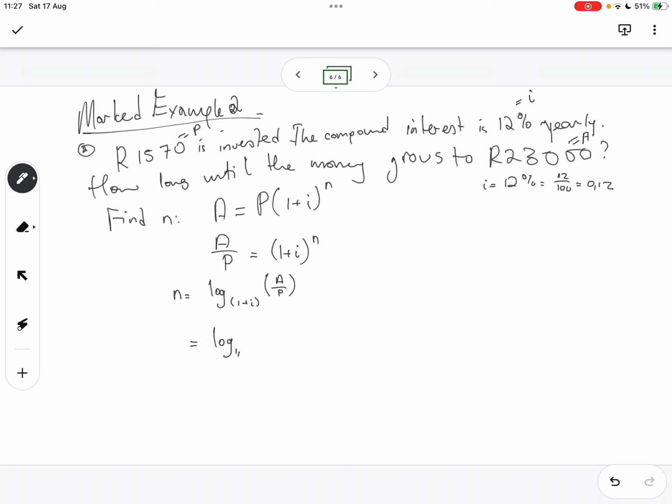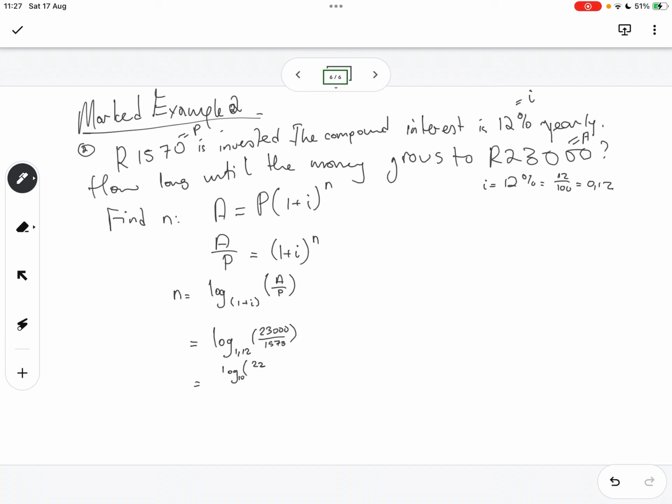Then what I will have is log to base 1.12 of 23,000 divided by 1,570.